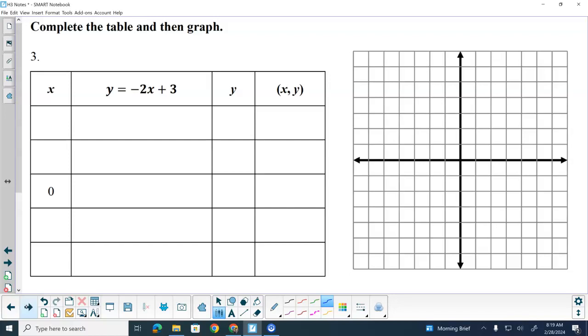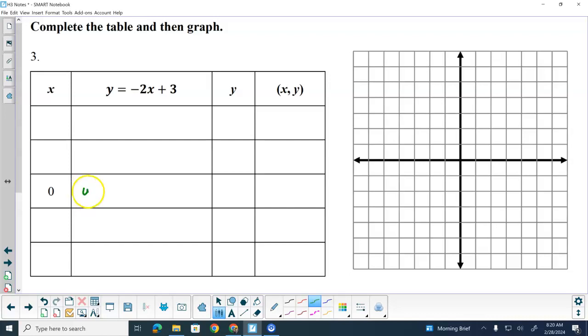We said back in the last unit that we would always start by plugging in 0 into our table. Jake, we're up to you. Where am I going to plug 0 in? Right, so I set my x as 0. What am I going to do in this next column? Where am I going to put 0? In my x spot, right?